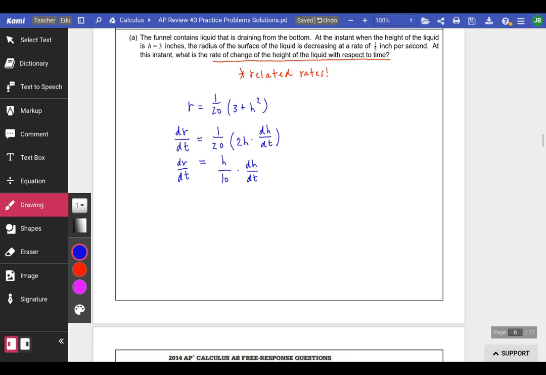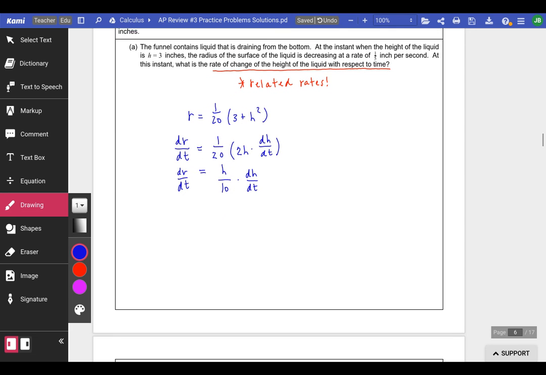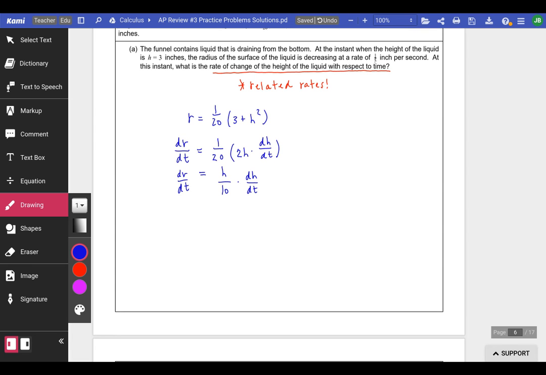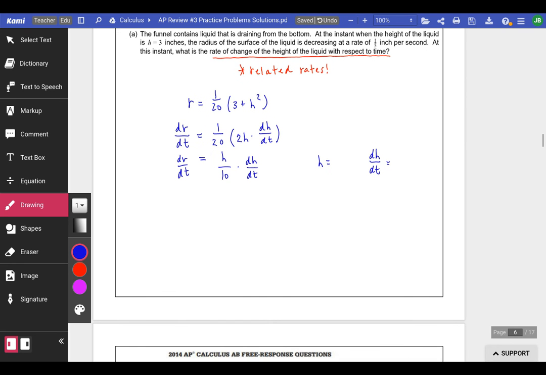So now there's a couple quantities that I have to figure out to be able to solve this problem. So it looks like I've got an h here, I've got my dh/dt, and then I've got dr/dt. Well, the question asked for the rate of change of the height with respect to time. So that's my unknown. I can leave that as a question mark.